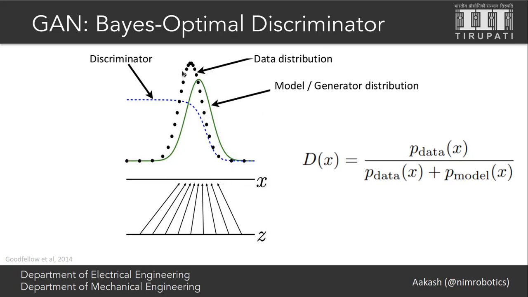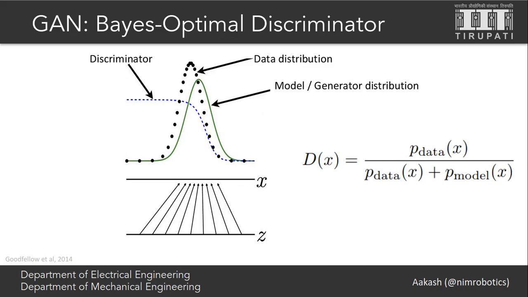The dotted curve is the actual data distribution, p data, while the green curve is the one we are estimating, p model. Our goal is to make p model very similar to p data, and we have the discriminator in the blue dotted line.